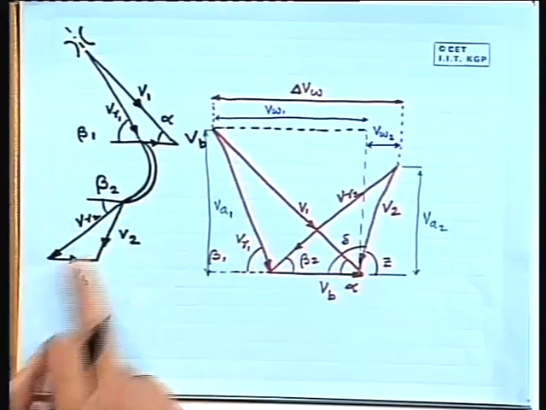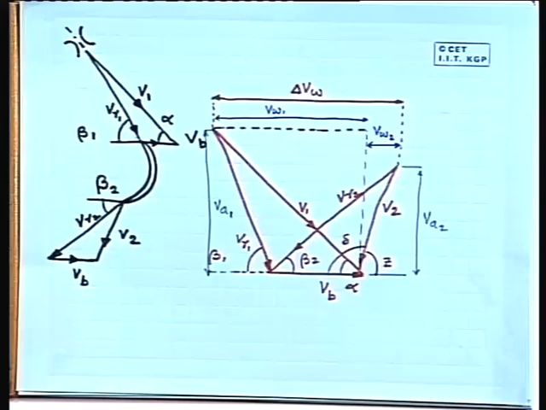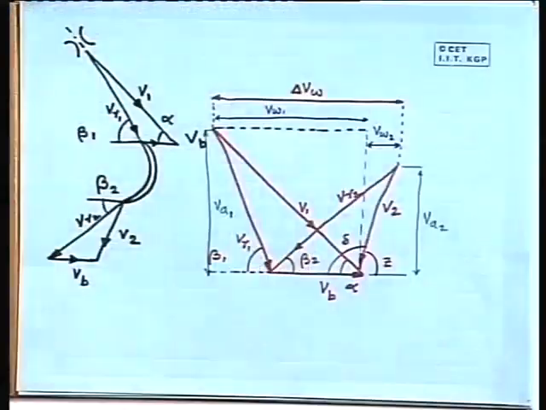Similarly, when it will go out, it will have a component in the tangential direction, and if we take the difference between them, then we will see what is the change in velocity along the tangential direction. That multiplied by the mass flow, that will give you the momentum or change of momentum in the tangential direction.